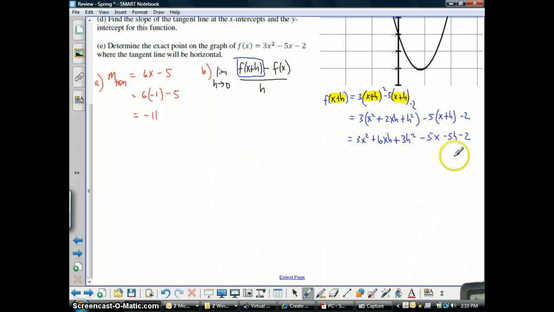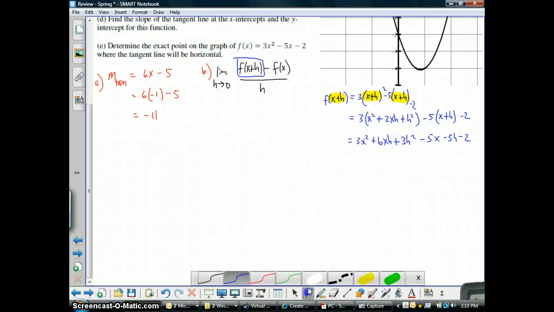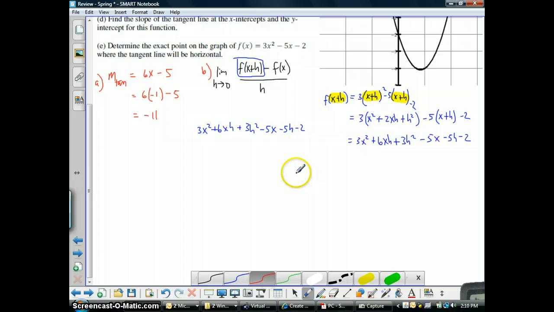So all of that is going to be my f of x plus h. So I'll rewrite that. Okay, that's f of x plus h.